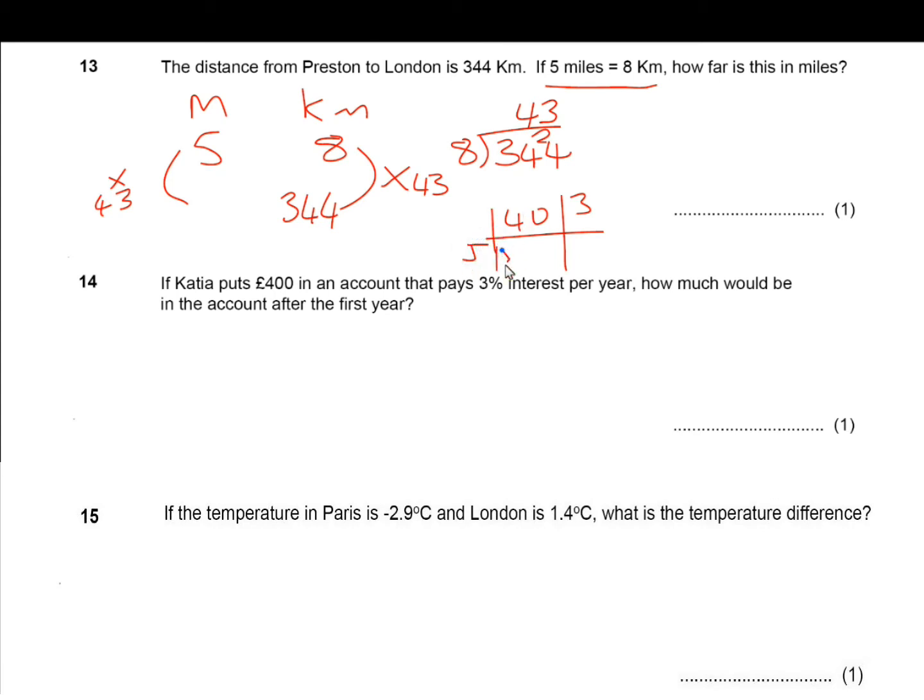So 5 fours are 20, with a 0 that I've missed. And then 5 threes are 15. So add the 2 together and you end up with 215. So 344 kilometres is 215 miles.